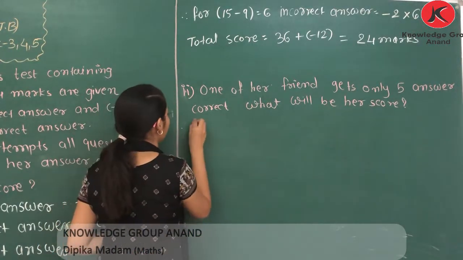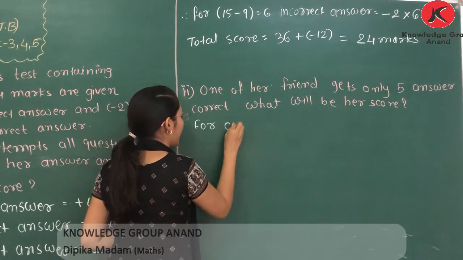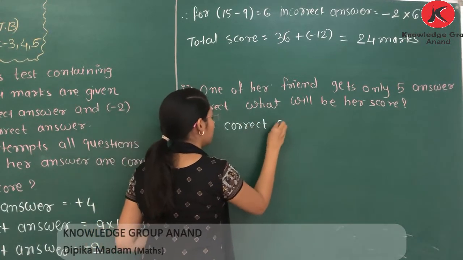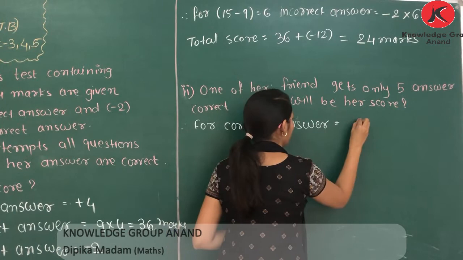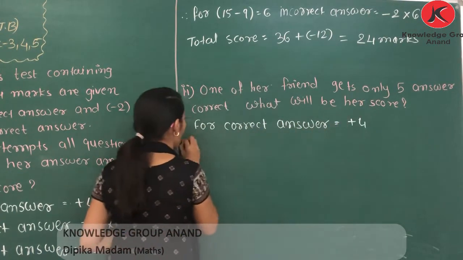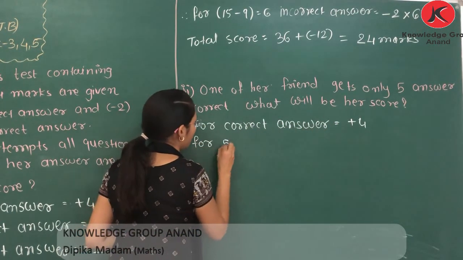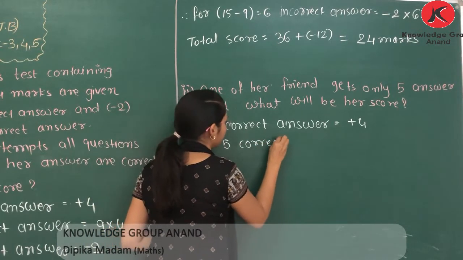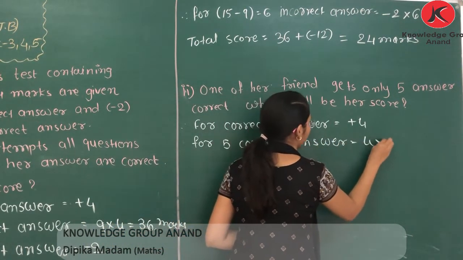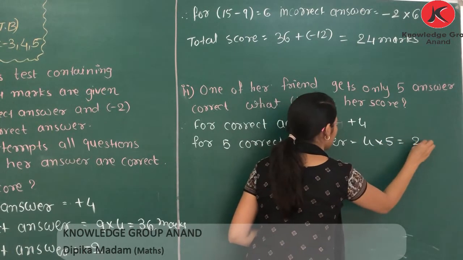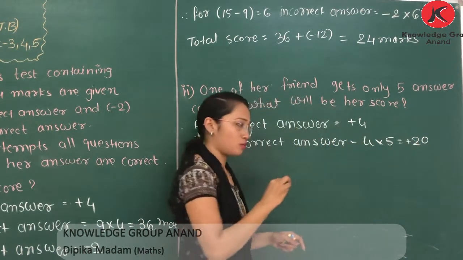So same: for a correct answer, plus 4 marks. So for 5 correct answers, 4 into 5, that is 20, positive marks.